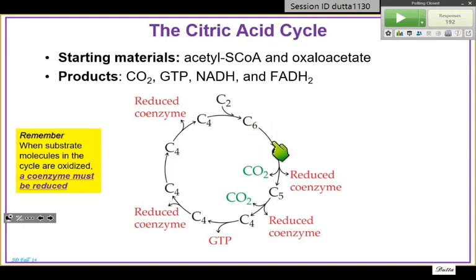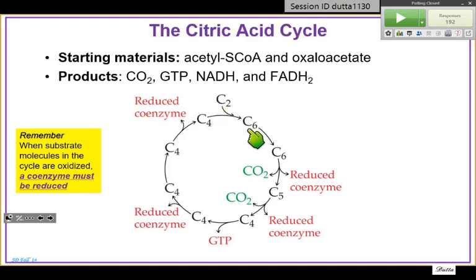Then it will go through a series of steps. So this is step number 1, 2, 3, 4, 5, 6, 7, 8. 8 steps. Each step requires something.